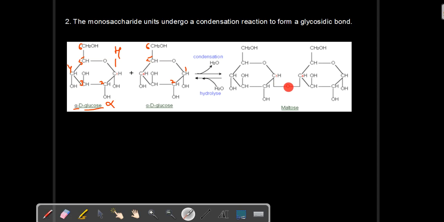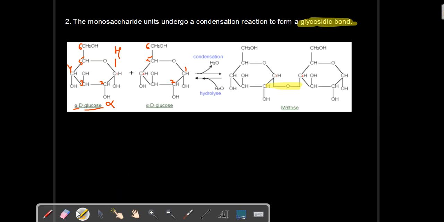And what is left behind? An oxygen atom, which then links carbon 1 and carbon 4 of the other. And this bond that connects two monosaccharide units together is called a glycosidic bond. This is important for all of us to remember, for you to remember particularly. So this is the glycosidic bond, and here is the glycosidic bond, right?